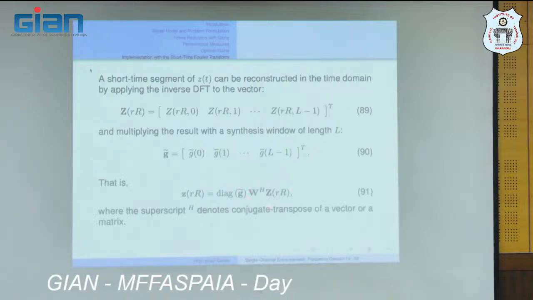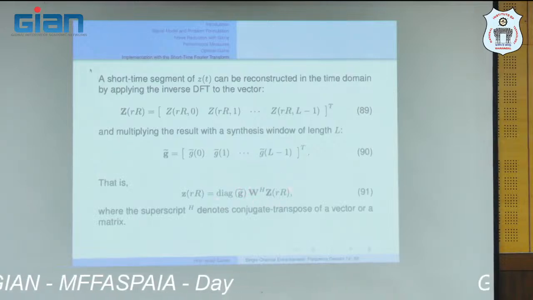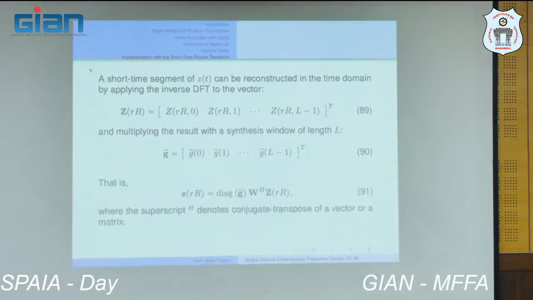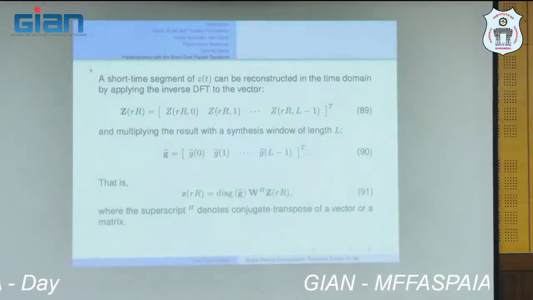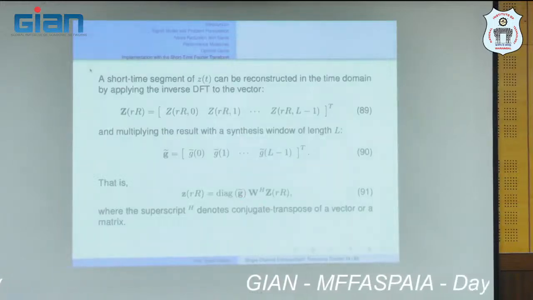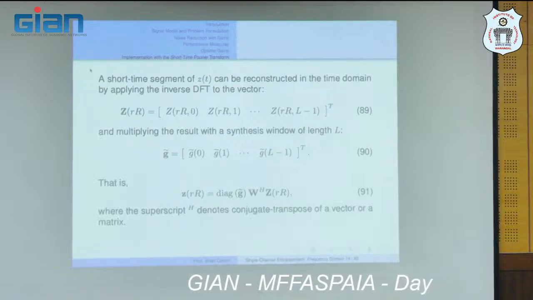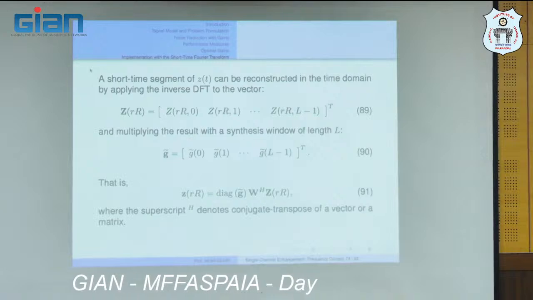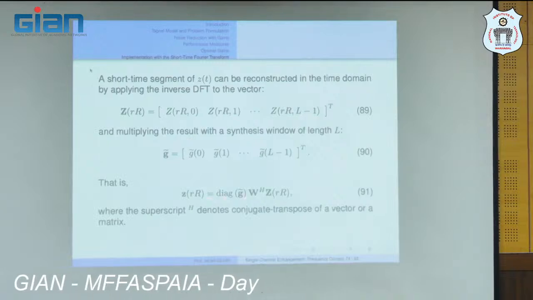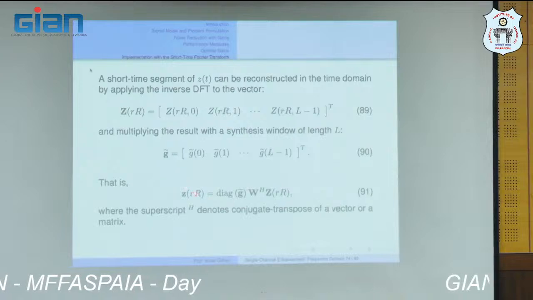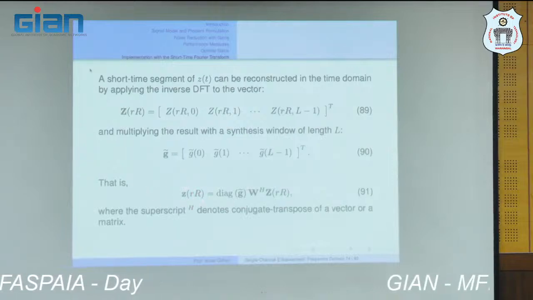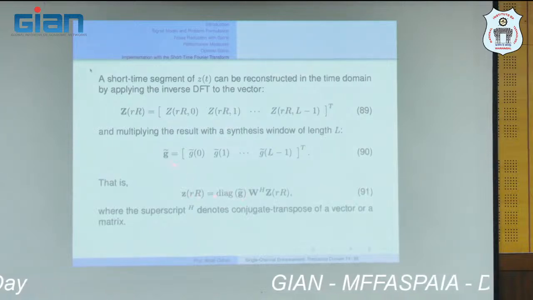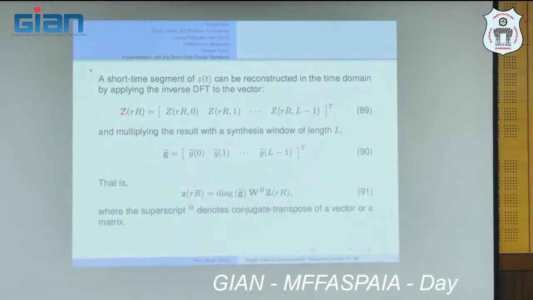So we apply the inverse Fourier transform, and then again, we multiply with a certain window. The window is G tilde. This is the synthesis window, G tilde, of length L. And then we get samples of Z. This is capital Z, which is in the time frequency domain.